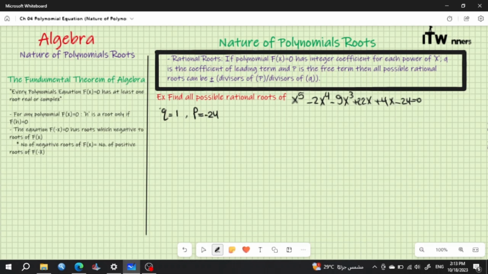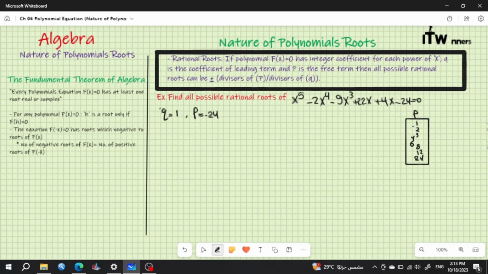So for b, the divisors can be 1, 24, 2, 12, 3, 8, 4, 6.